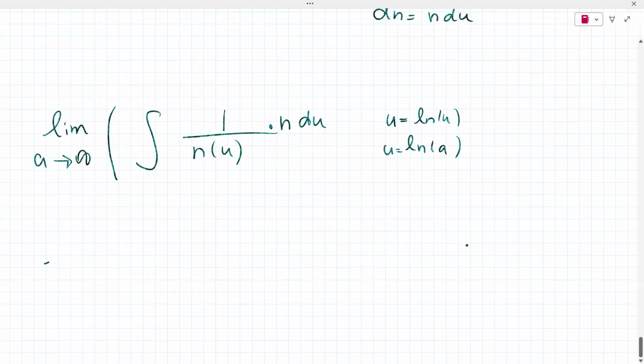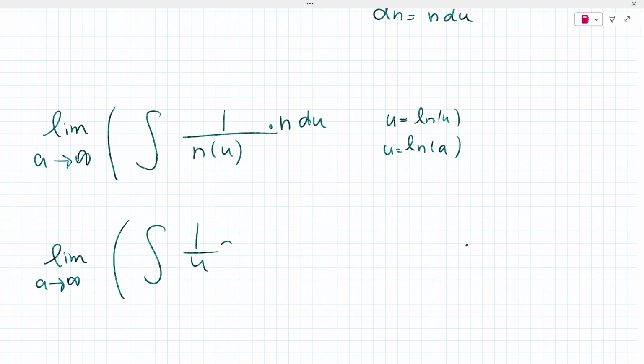So the limit as a approaches infinity of your new integral, which would be 1 over u du, from ln of 2 to ln of a. The integral of 1 over u du is ln of the absolute value of u.